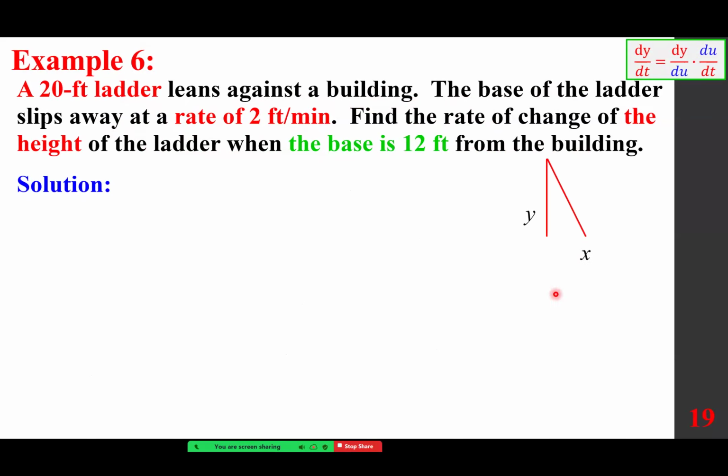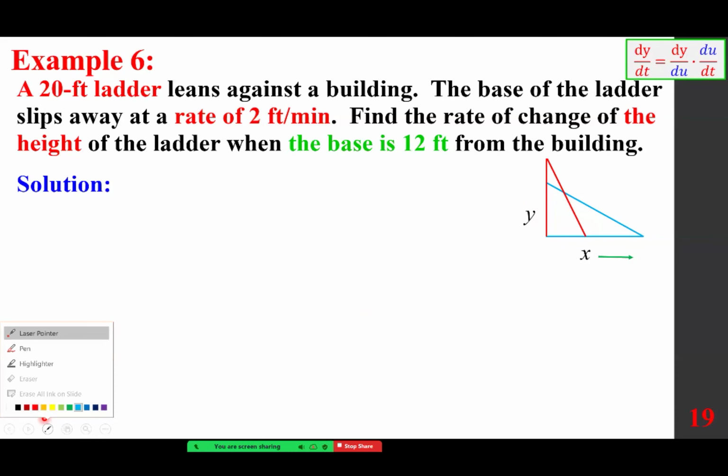So here's the wall or the building, here's the ladder. It's moving this way. As you can see, the shape created is a right triangle. As it slips away, it gives rise to this coming down.